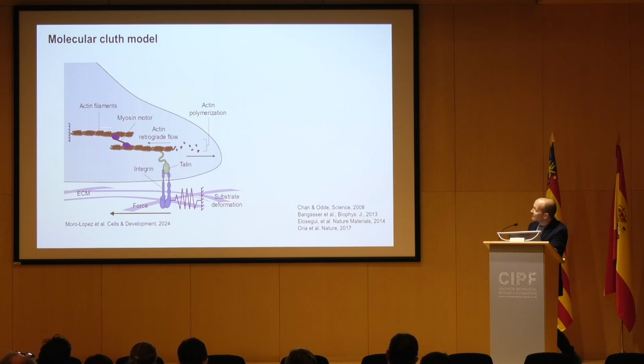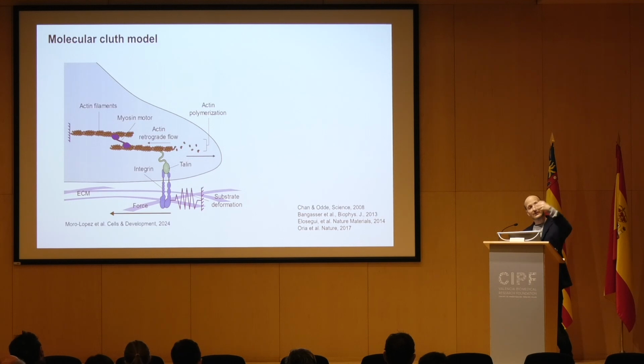And then this flow of actin is connected to the extracellular matrix through integrins and through adaptor proteins such as talin. And as myosin pulls, the substrate is deformed. Now these adaptors and these integrins have on and off rates, so they bind and unbind. And when you put all this together into a model, you can get a pretty comprehensive prediction of how the leading edge of a cell works.